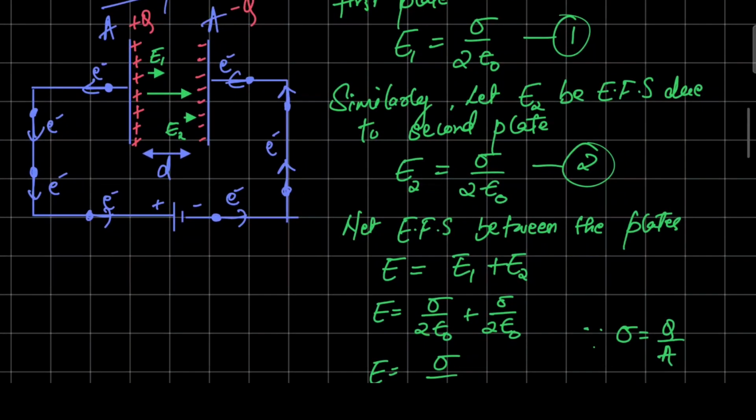Now let's discuss the electric potential between these two plates. We can write that expression using the relationship between electric potential and electric field strength. You know that the electric field strength is equal to the potential gradient, or the potential can be found by multiplying the electric field by the length or separation over which you are calculating the electric potential.